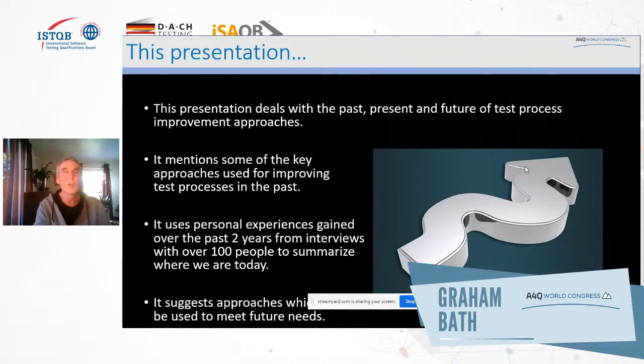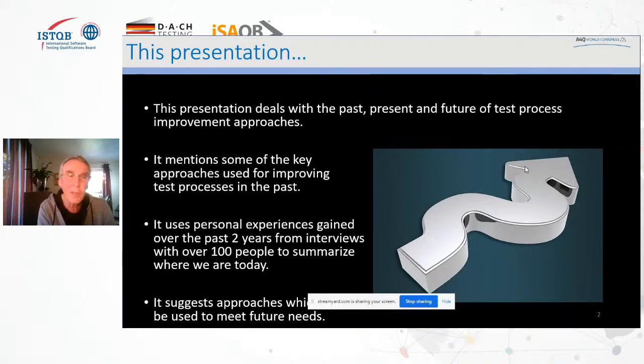I'm going to be mentioning some of the main approaches that we've used in the past for test process improvement. And I'm going to be bringing in some of my personal experience. Over the last 2 years, I've been fortunate enough to interview well over 100 people, I guess, on what they do in their projects in the way of testing and developing as well, actually.